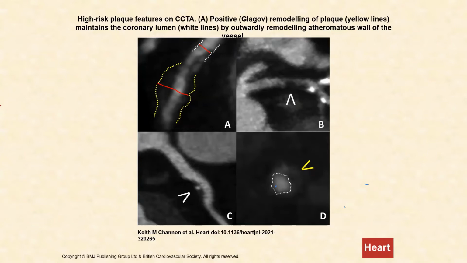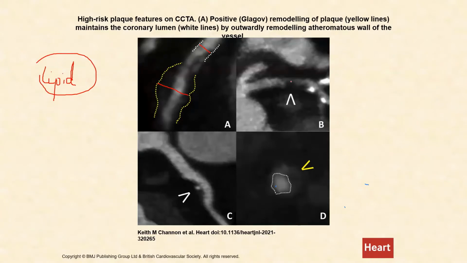The other thing you remember, we said that lipid and fibrous tissue: the more lipid and the lesser the fibrous tissue, the more vulnerable the plaque is. How do we know lipid? In CT, lipid has lower attenuation than muscle.